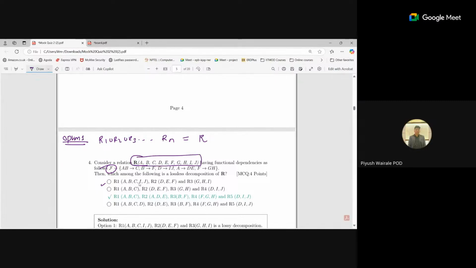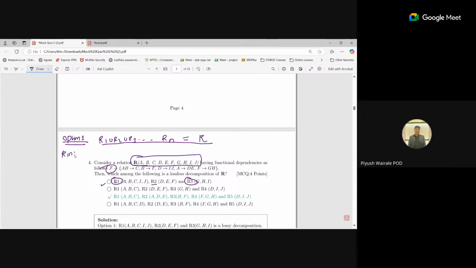A, B, C, I, J, D, E, F, G, H. So all attributes are covered. This is the first condition you need to check. The second thing is to consider any two relations such that there must be some common attribute: R1, R2, or R1, R3, or R2, R3. We cannot take R1, R2, but we can take R1, R3, because I is common.